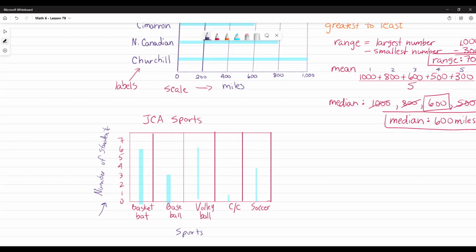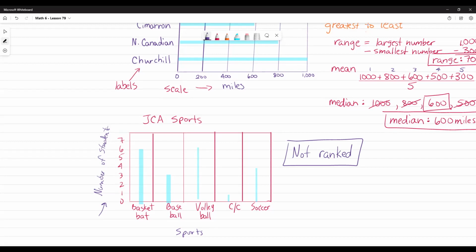So in this case, though, I won't do the range, mean, and median like I did last time, but you can see that this is not ranked. So this is really kind of what I wanted you to see here. So this is not a ranked graph. You can see we go from 6 down to 3, back up to 6, down to 1, and then up to 4. So we have no rhyme or reason.